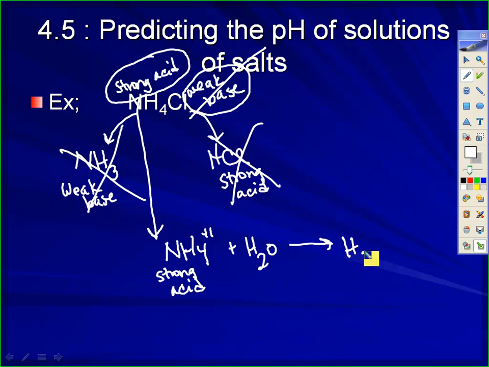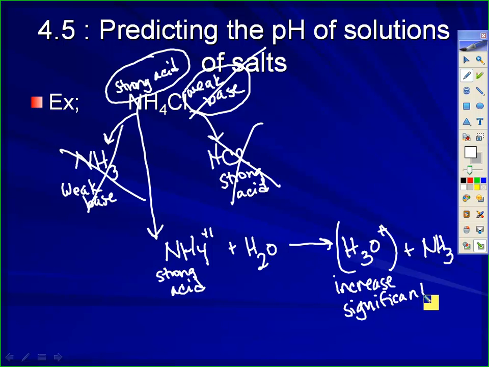So what we're going to get as a result is a lot more H3O+, a significant amount, so this solution will be acidic. So dissolving NH4Cl will result in NH4 plus 1 reacting with water to increase the amount of H3O+, a significant amount, which means we're going to have an acidic solution.